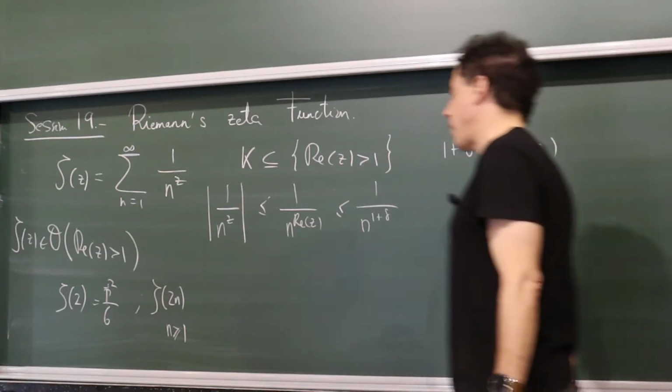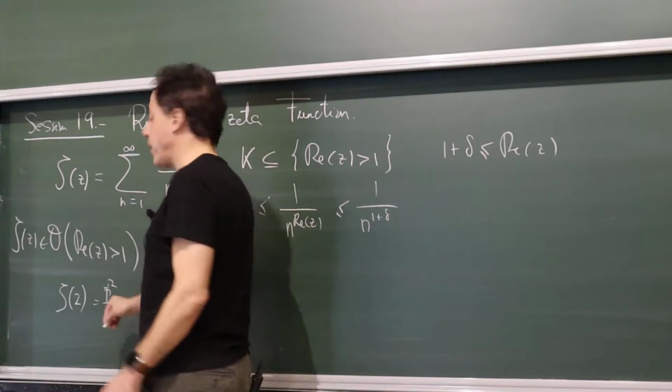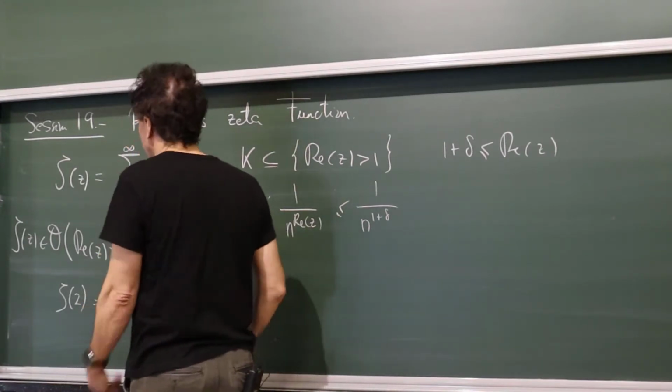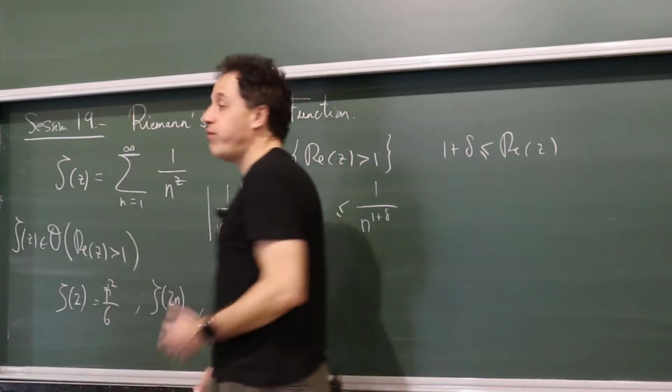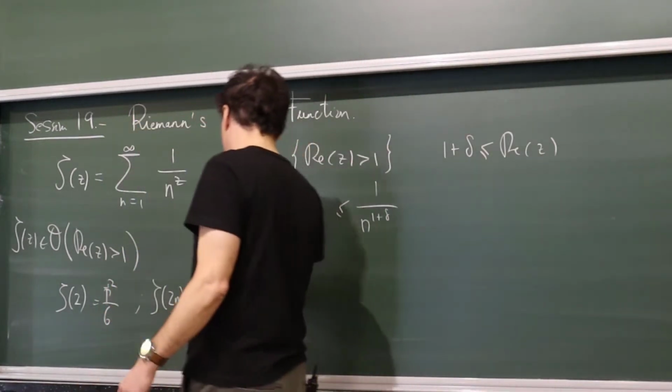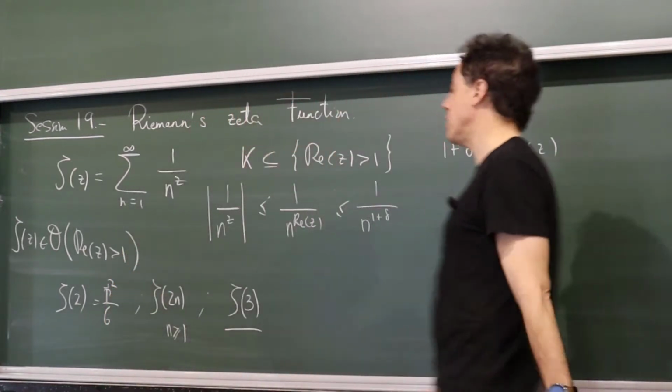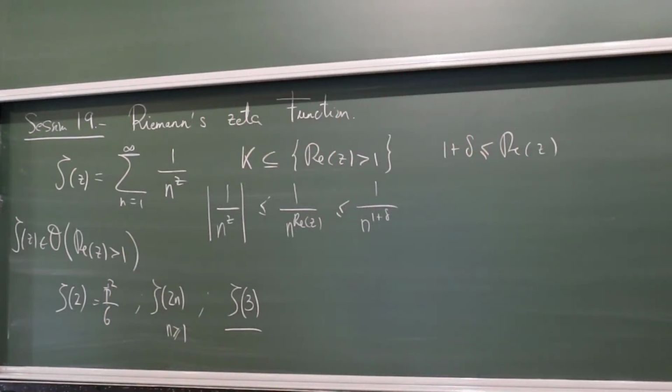And as I told the other day, the values for the odd natural numbers are not known. In fact, very few things are known about those values. It is known that zeta of 3 is irrational, but few things are known about all these values.